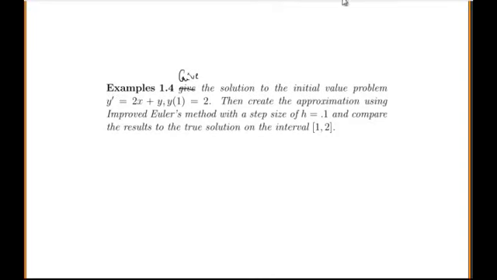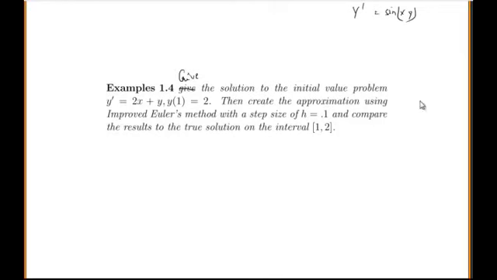Suppose you have y prime equals sine xy. This is impossible to solve by hand, but we can find numerical solutions of it. So we will apply these kinds of methods to such problems. But the reason I picked a very simple problem which we can even solve by hand is to compare my exact solution with my approximate solution.